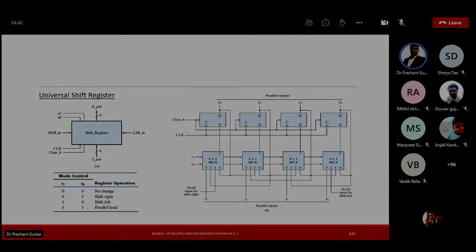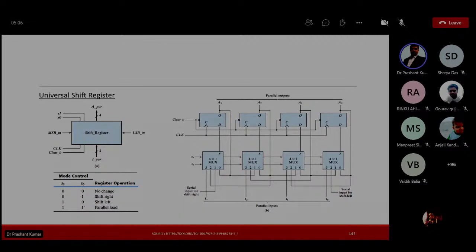So some registers provide this facility, and this necessitates input and output terminals for parallel transfer. Fine. So they may have both shift right and shift left capability, so they may be used for both left to right or right to left.